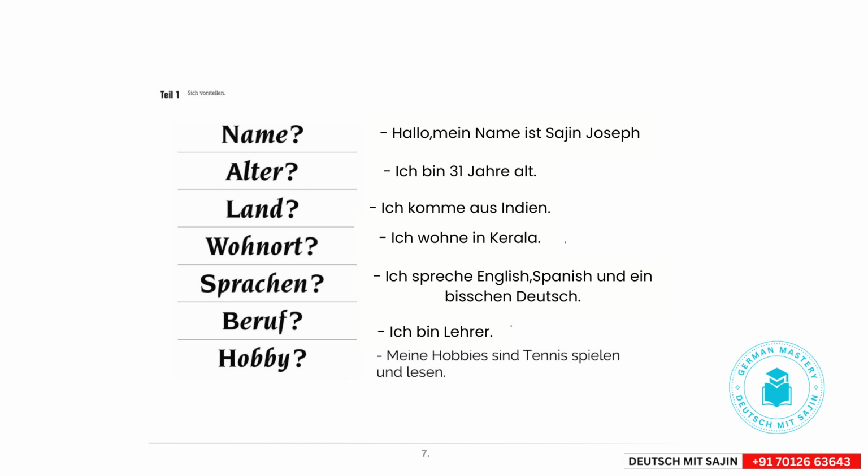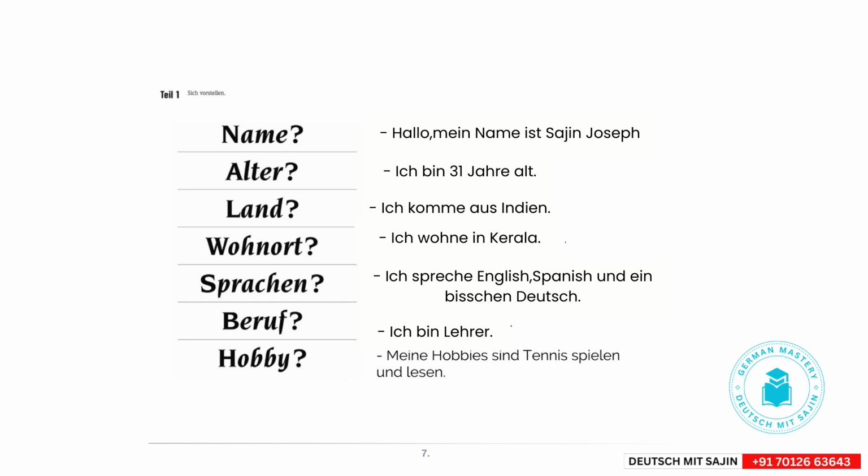I come from India. Wohnort, the place of residence. Ich wohne in Kerala. Sprachen. Ich spreche Englisch, Spanisch und ein bisschen Deutsch. I speak English, Spanish, and some German.